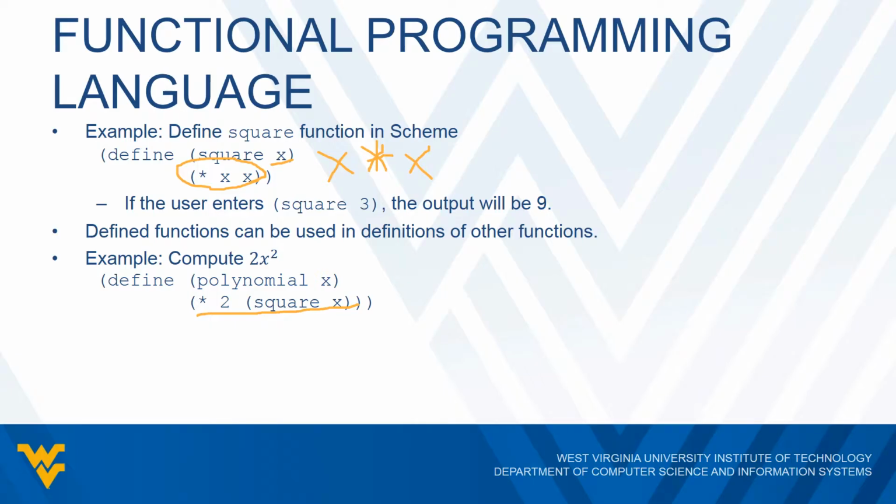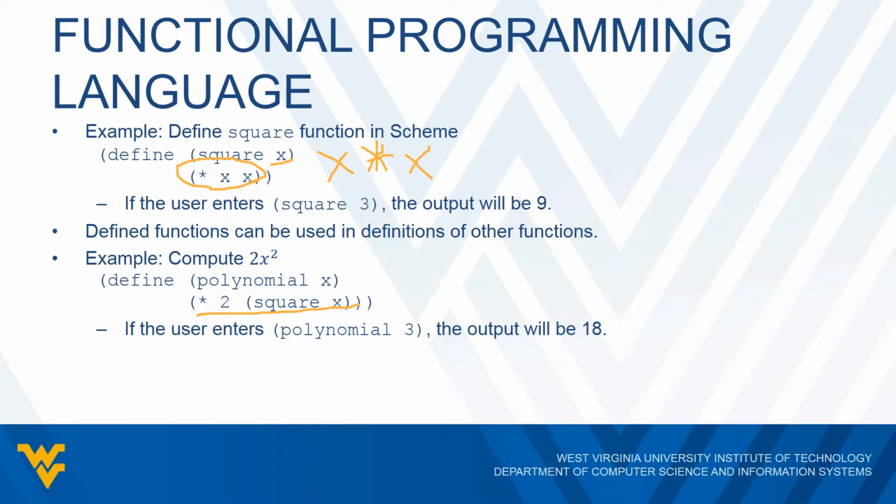So we can call the square function inside of it and then take that result and multiply it by 2. In this case, if we do polynomial 3, it's the same thing as taking 2 times the square of 3. Well, 3 squared is 9, and then you multiply that by 2, and you get 18.